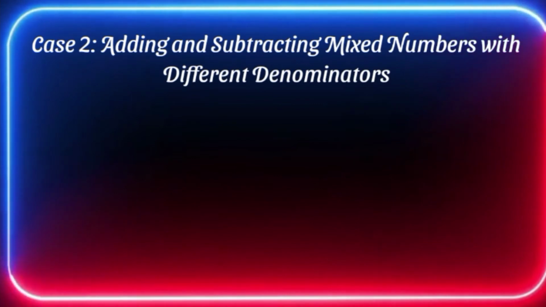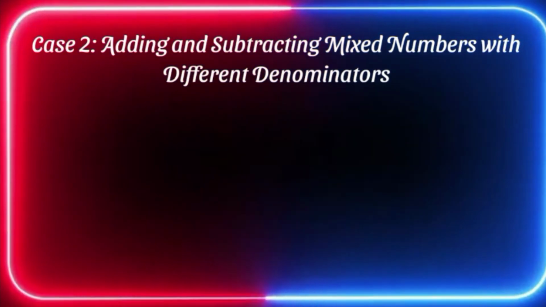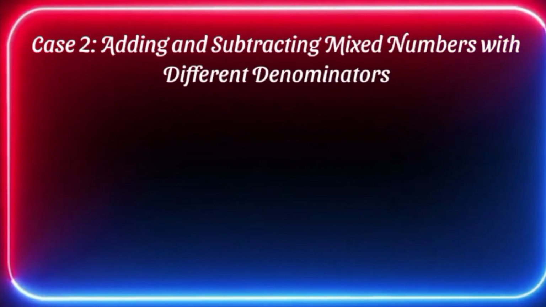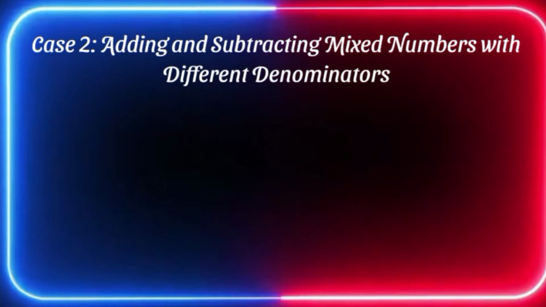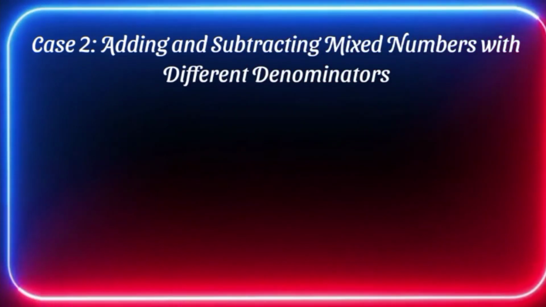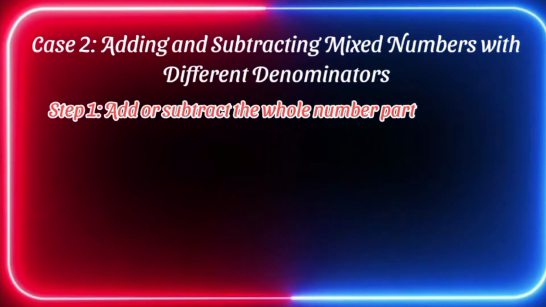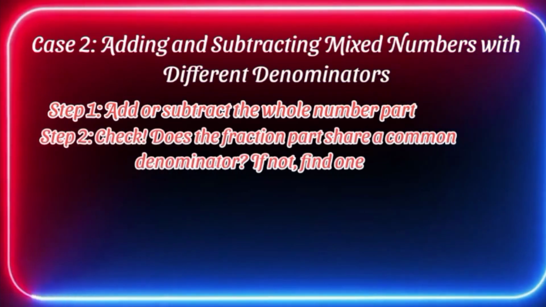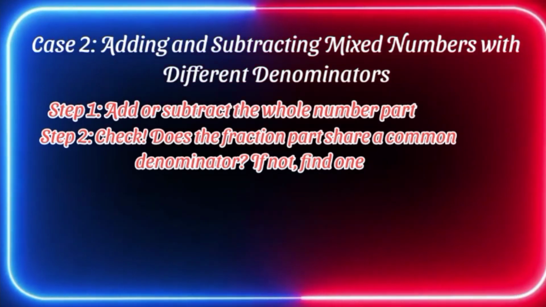Now, let us proceed with adding and subtracting mixed numbers with different denominators. In order to add and subtract mixed numbers with different denominators, we have to follow these steps. Step 1. Add or subtract the whole number part. Step 2. Check. Does the fraction part share a common denominator?